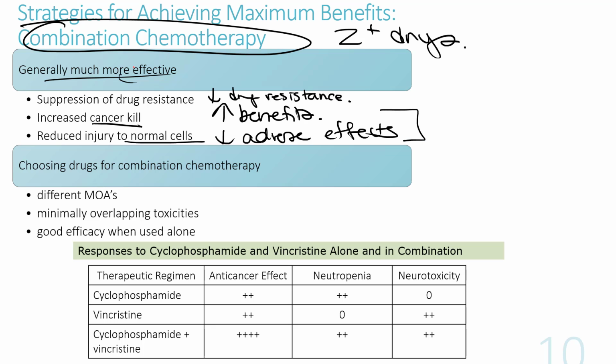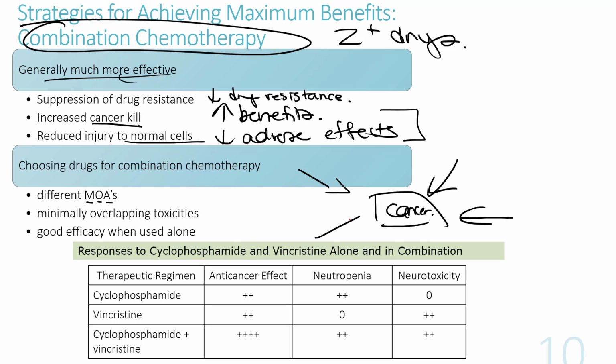When we choose a combination chemotherapy, what we need to do is make sure that the different drugs for the combination chemotherapy have different mechanisms of action, right? So you want this cancer to be killed by various different ways. You also want them to have minimal overlapping toxicity. So basically, if one causes myelosuppression, you want the other one not to cause myelosuppression.